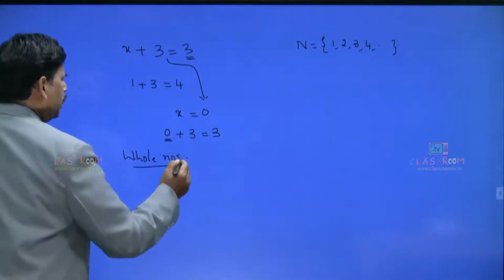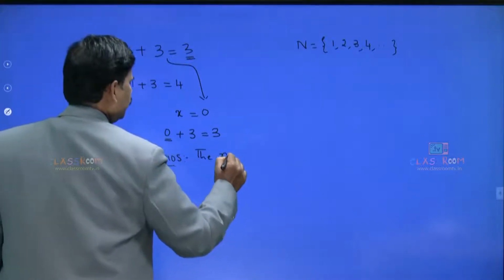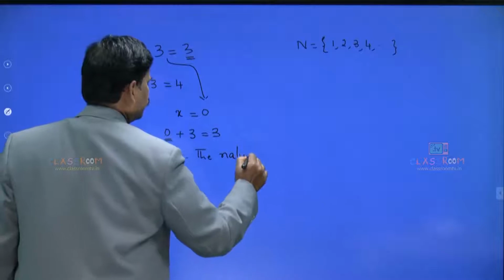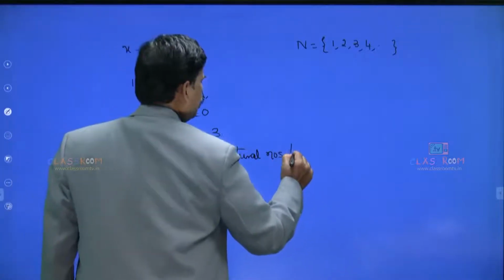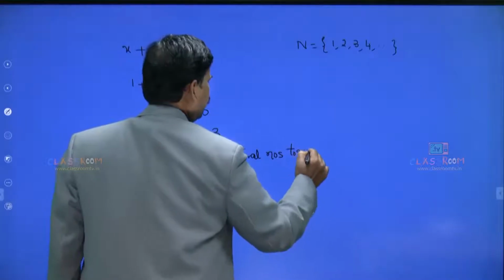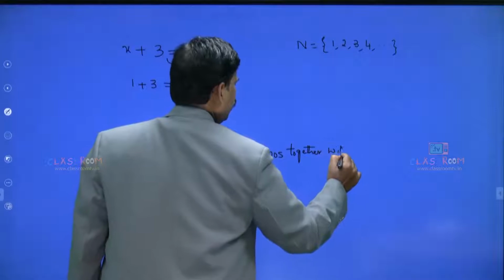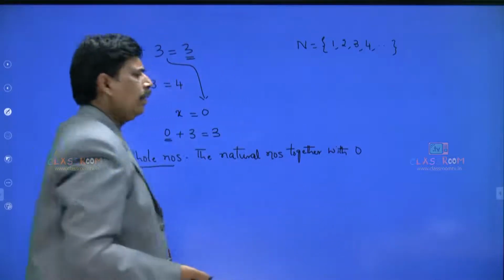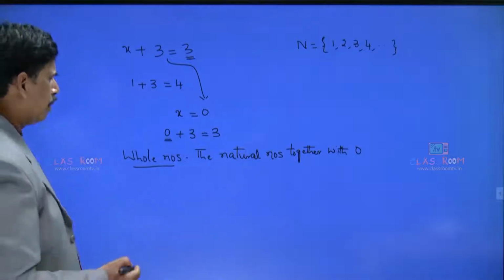So what are whole numbers? The natural numbers together with 0 are called whole numbers.